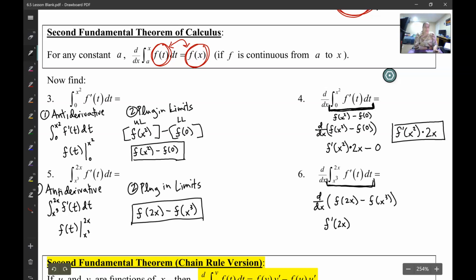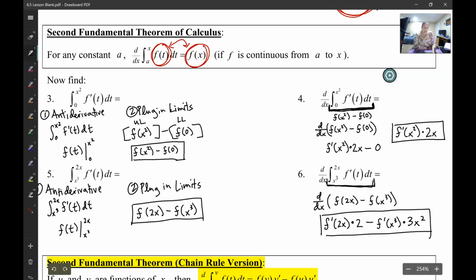And then once again, this is a chain rule, so times the derivative of the inside, times 2, minus the derivative of f, which is f prime of x cubed, times the chain rule derivative of the inside, 3x squared.